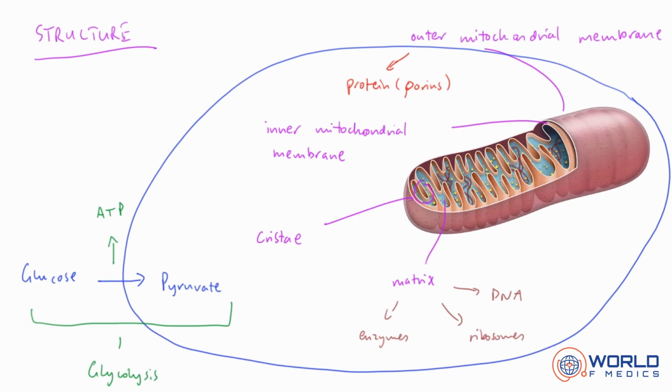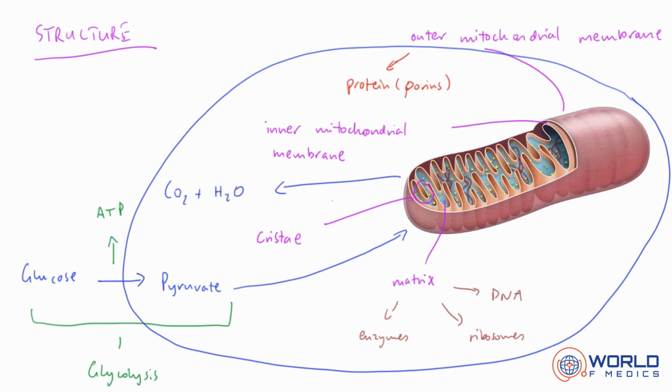Now the part that requires oxygen is when pyruvate enters the mitochondria and then undergoes further reactions, including something called the Krebs cycle, and then produces carbon dioxide and water.